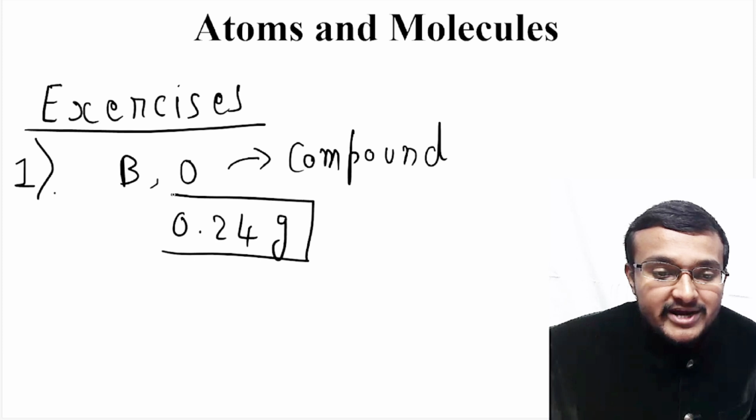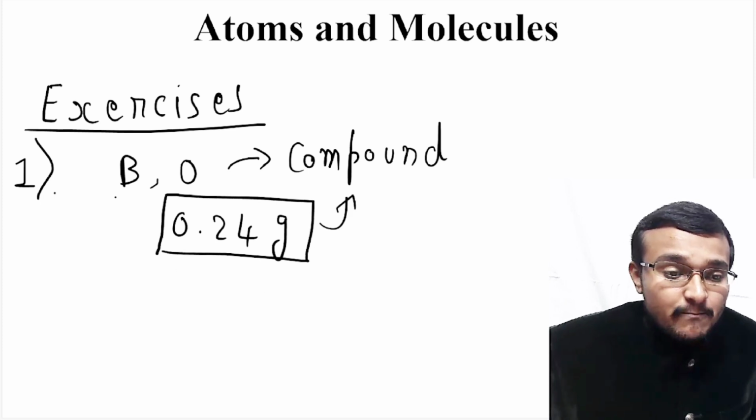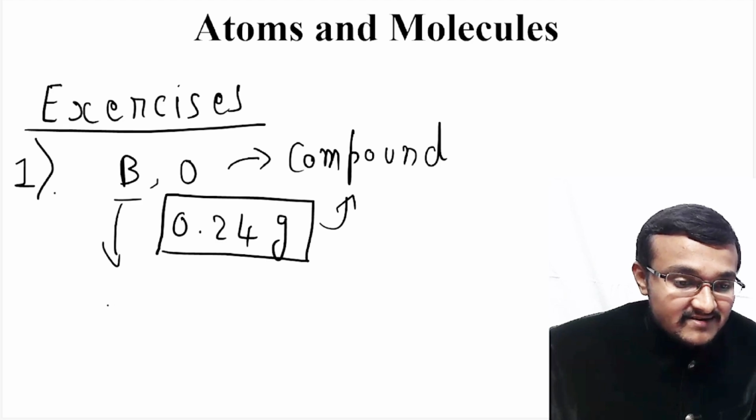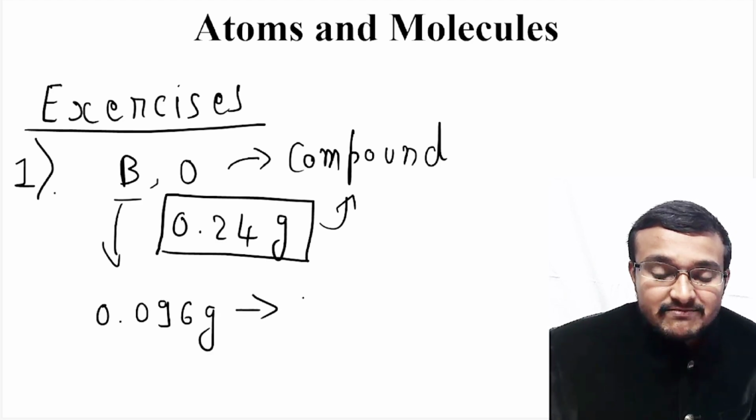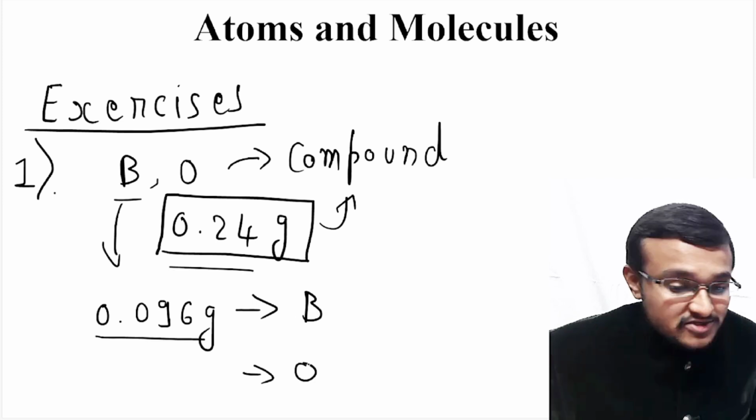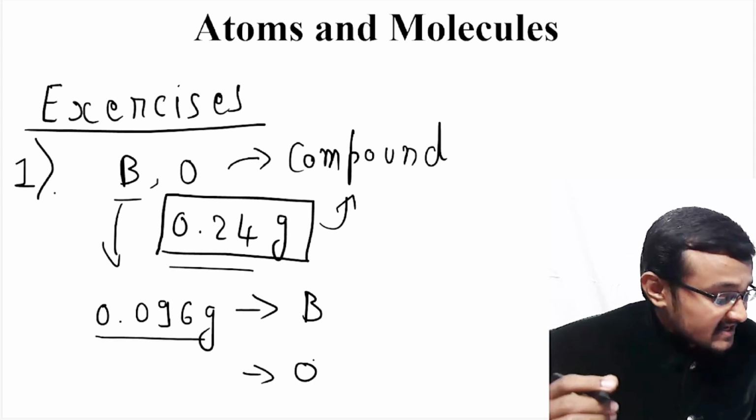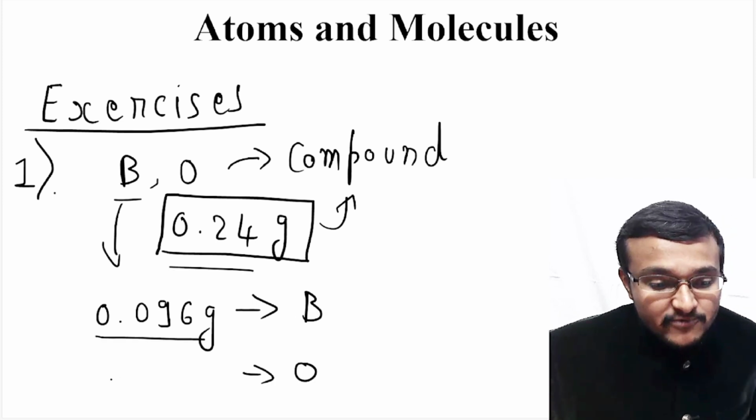So out of 0.24 grams of the mass of this particular compound, boron is having 0.096 gram mass. So this is the mass of boron. Oxygen in this particular compound is 0.144 gram.